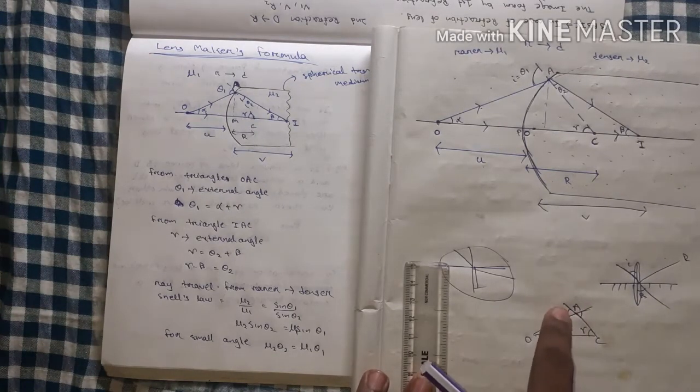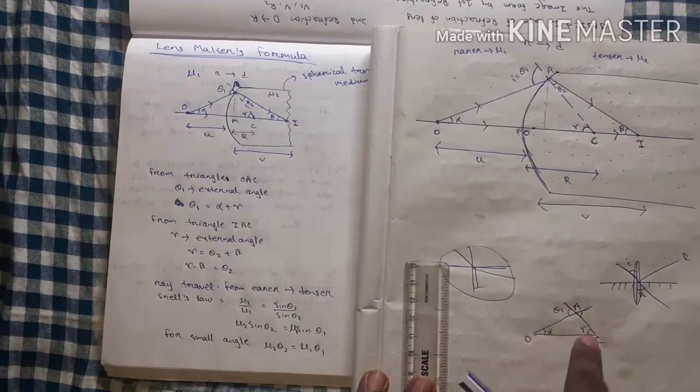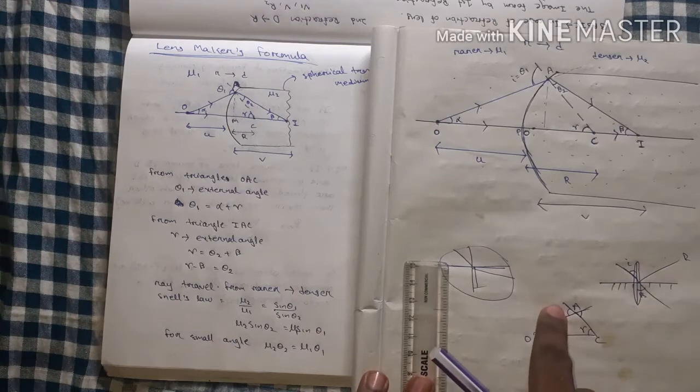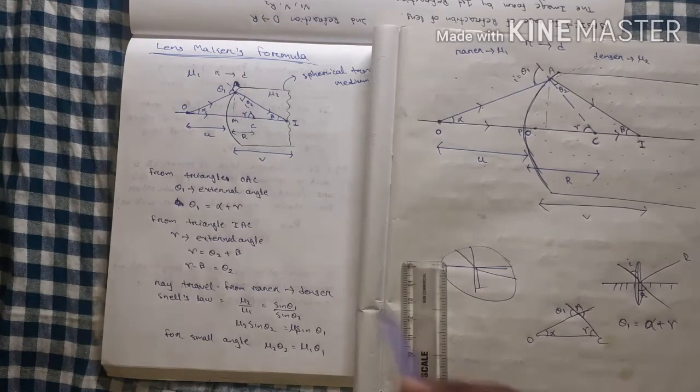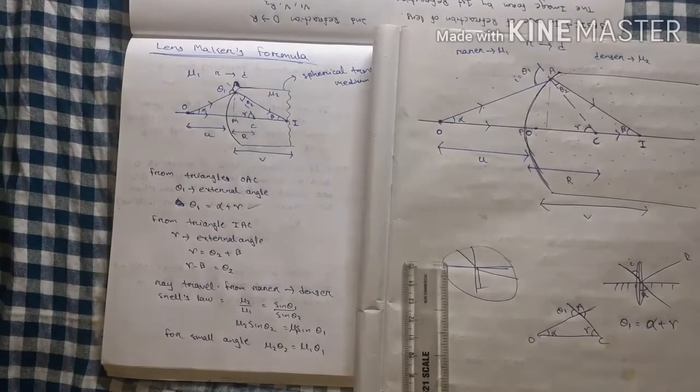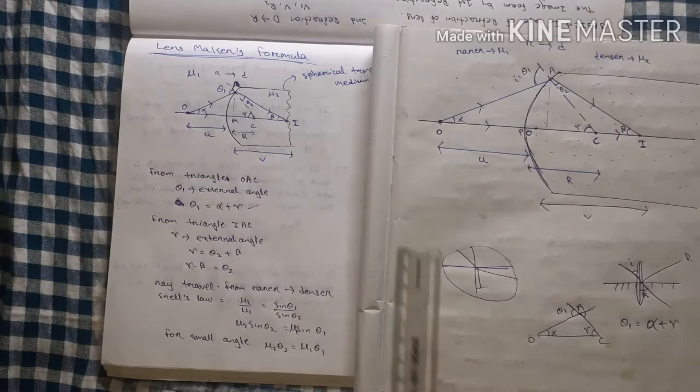Theta 1 is the outer angle, and alpha and gamma are the inner angles. We know the outer angle is equal to the sum of the inner angles, so theta 1 equals alpha plus gamma. Understand?